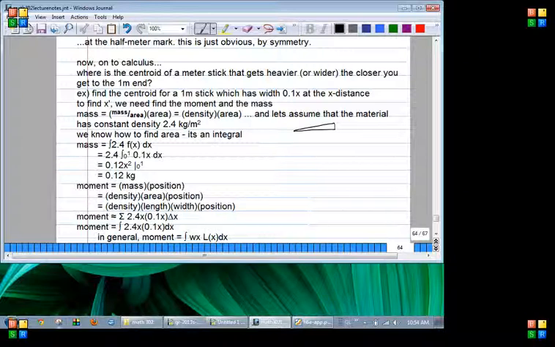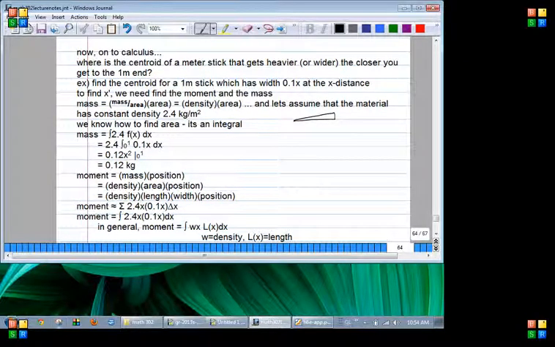So here's the formula for moment, if you like. We don't need mass.